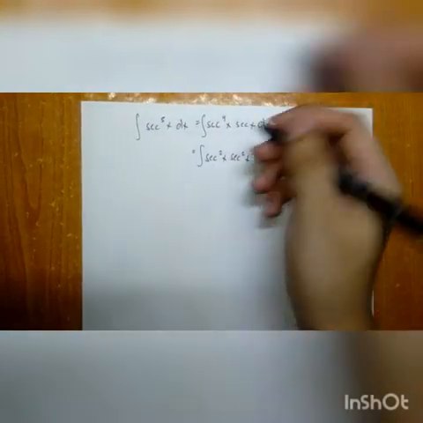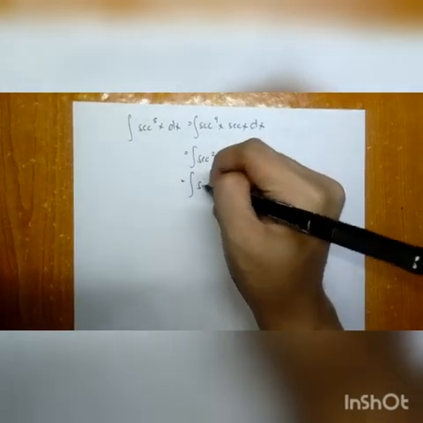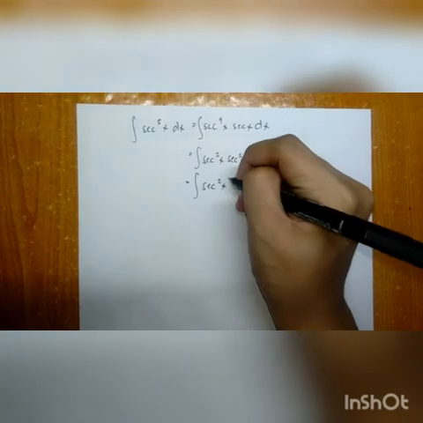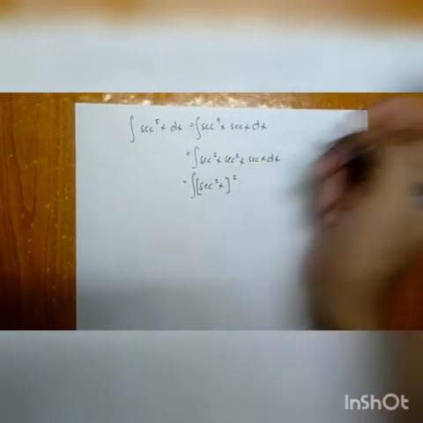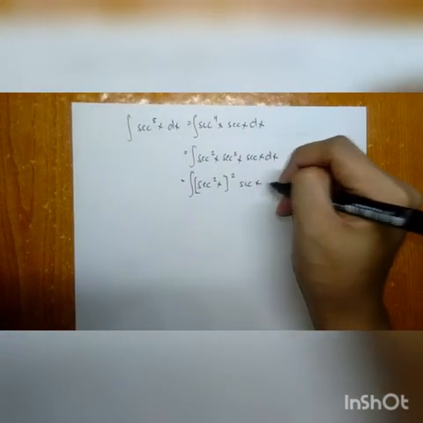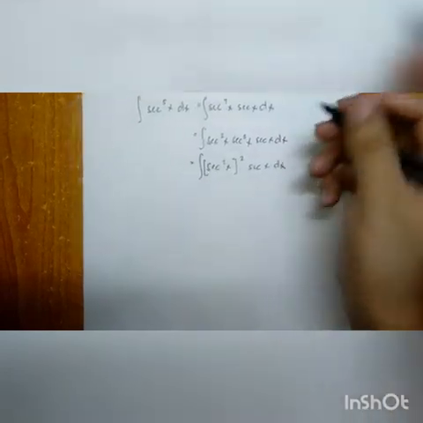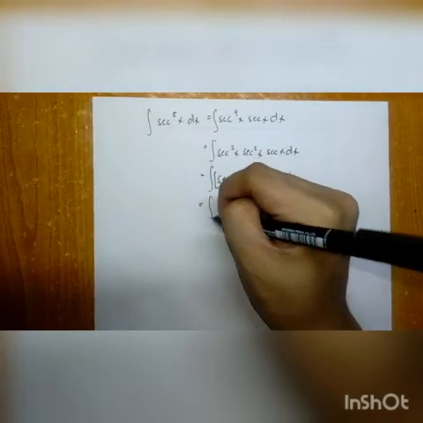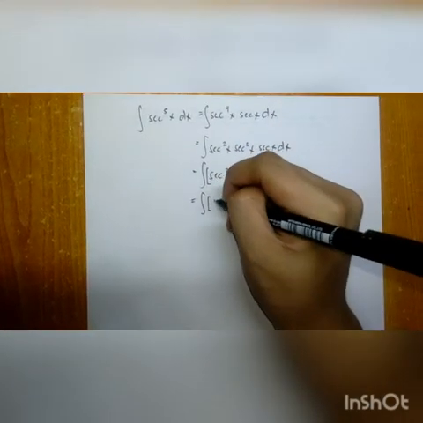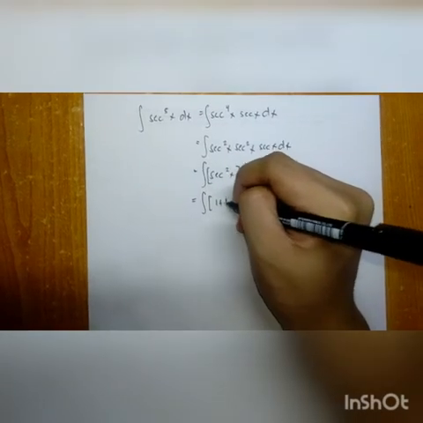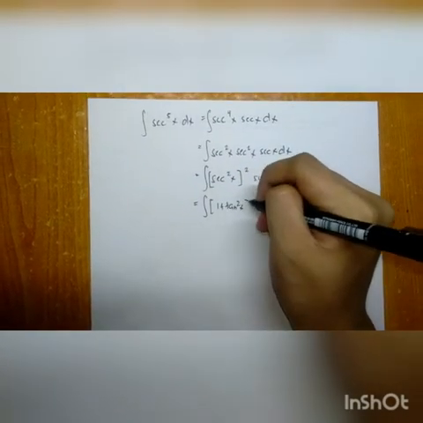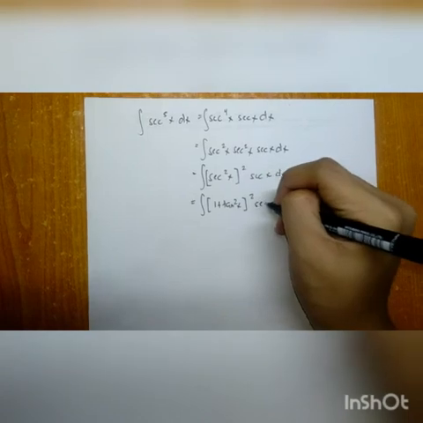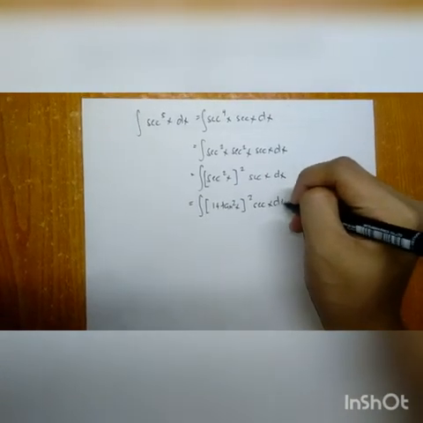Now, these two can be written as secant squared x, squared, times secant x dx. Now, we all know that secant squared is equal to 1 plus tangent squared x, squared, times secant x dx.